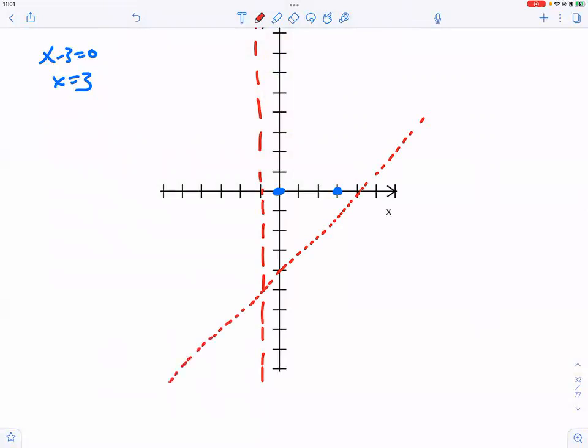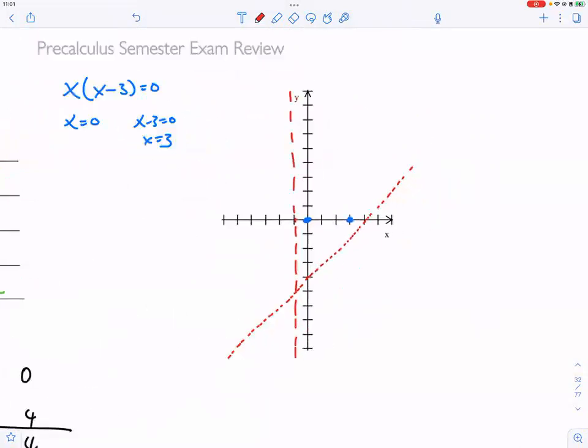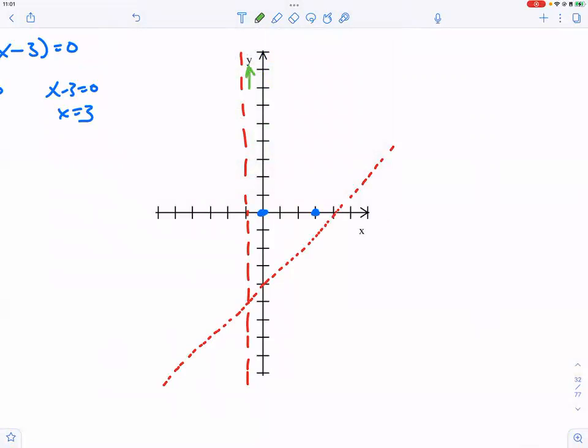You have a y-intercept of -4. That's what x minus 4 is telling you. And now you can just go ahead and plot the line. So you have this, and you have this. Okay, that will be your graph.